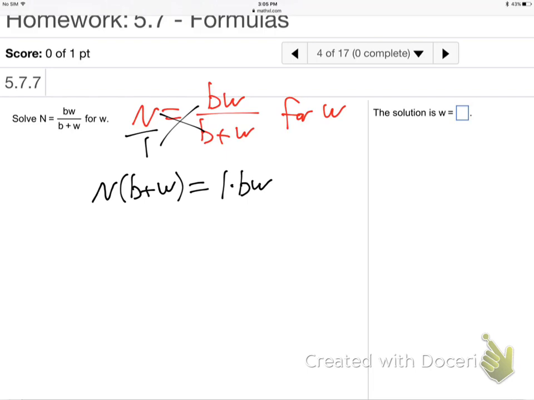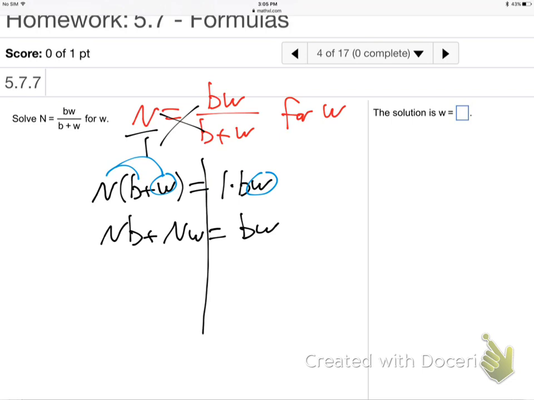Now keep your eye on the ball. Where's the ball? Who are we trying to solve for? It's in two places, so we better go ahead and distribute here. So NB, and 1 times BW is BW. So NB plus NW is BW.